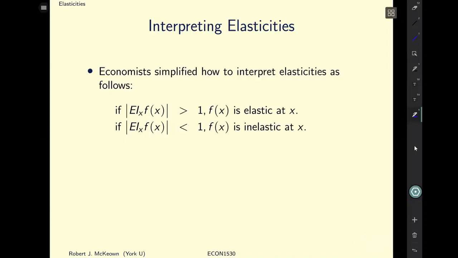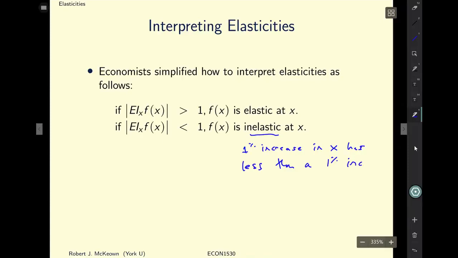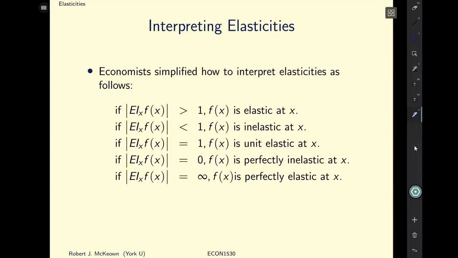Similarly, if the elasticity is less than 1, we say that it's inelastic. And that means that a 1% increase in X has less than a 1% increase in f of X. There are some other special cases.